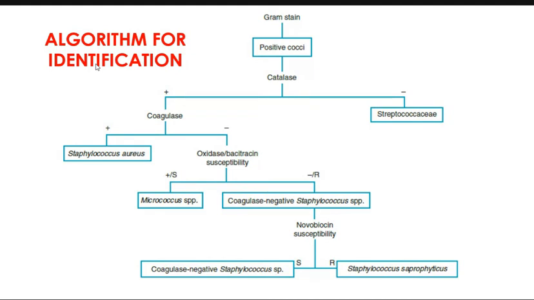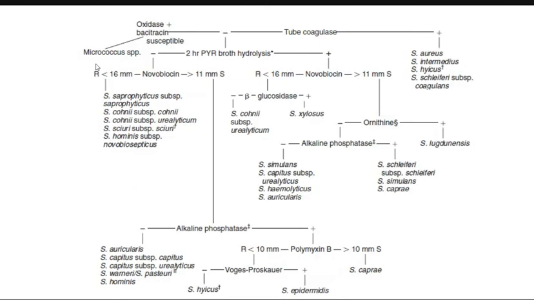And Micrococcus, they are considered contaminants of clinical specimens. Okay, so like in the first algorithm earlier, if coagulase negative, then we proceed into doing our novobiocin susceptibility to see who is sensitive and who is resistant.